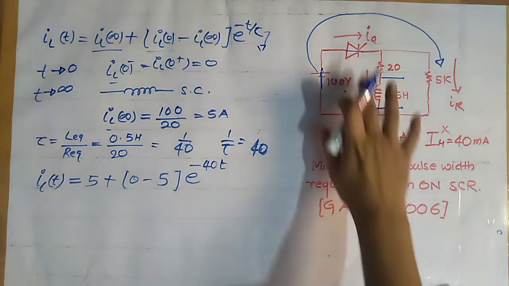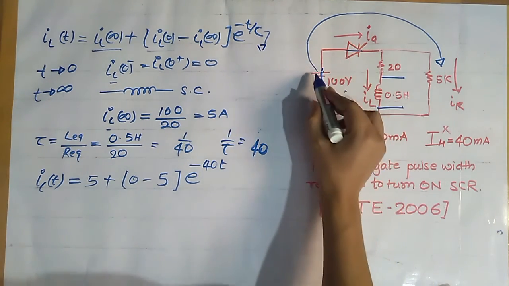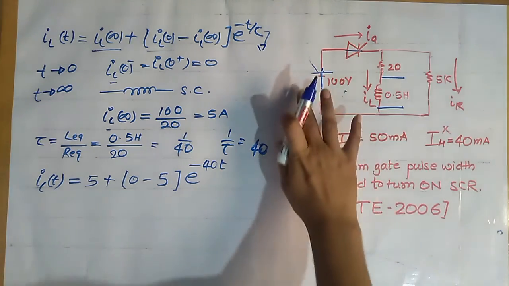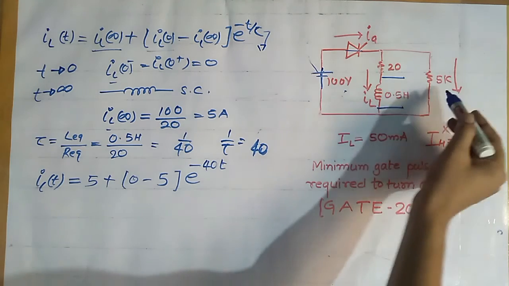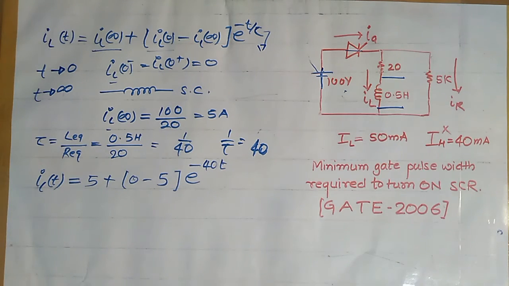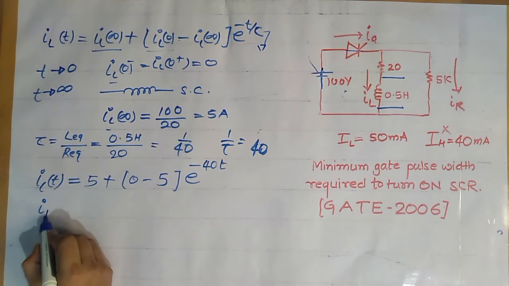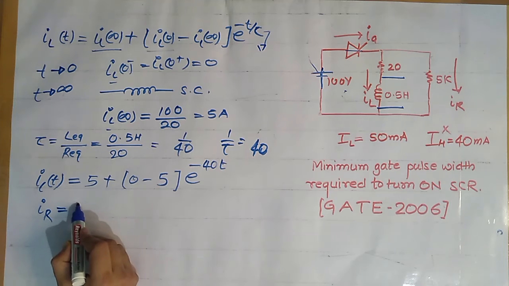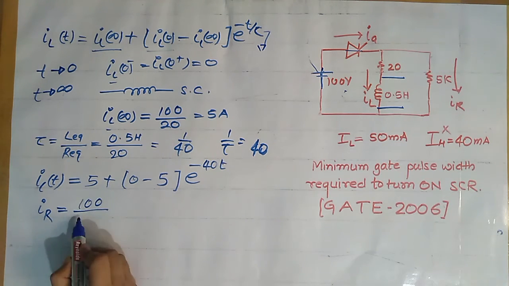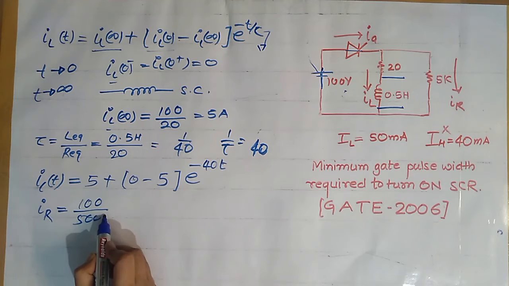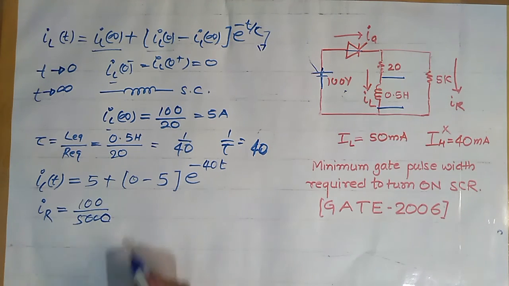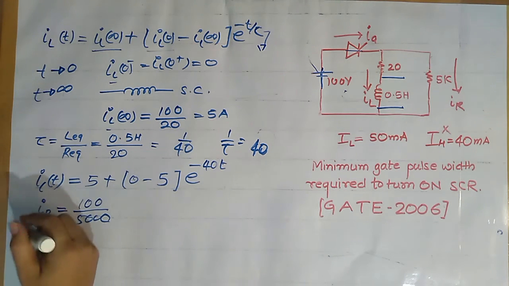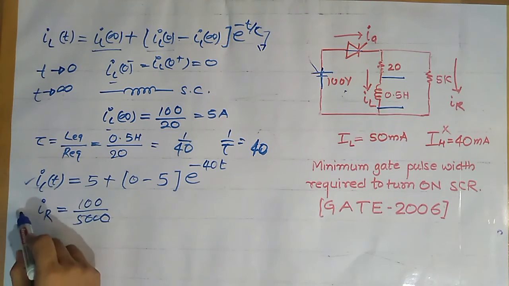When the SCR gets turned on, this 100 volt will appear across this resistance, because they are in parallel. So the voltage across this 5 kilo ohm resistance is 100 volt. That's why the current through the resistance is constant and equal to V upon R, that is 100 by 5000. So now we have calculated the inductor current, which is time varying, and the resistor current, which is constant.